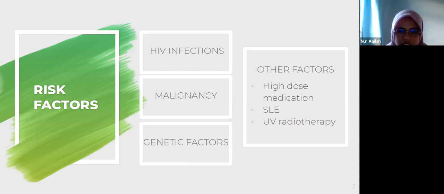Then for malignancy, typically active malignancy, patients having cancer, the highest risk of getting SJS is in those with hematological cancer.